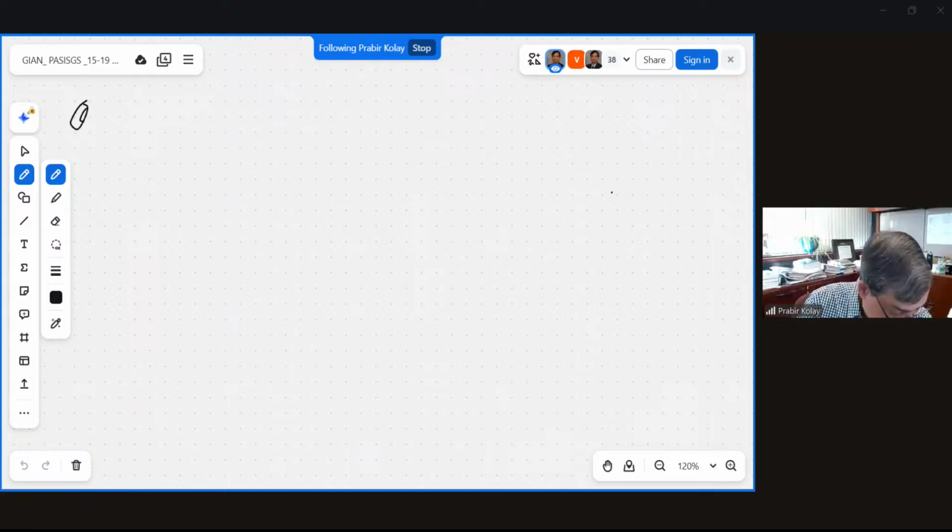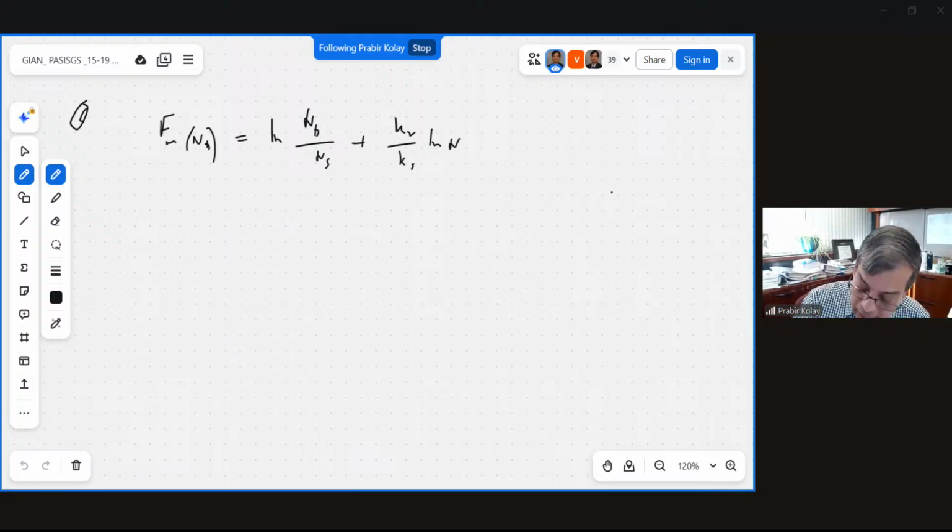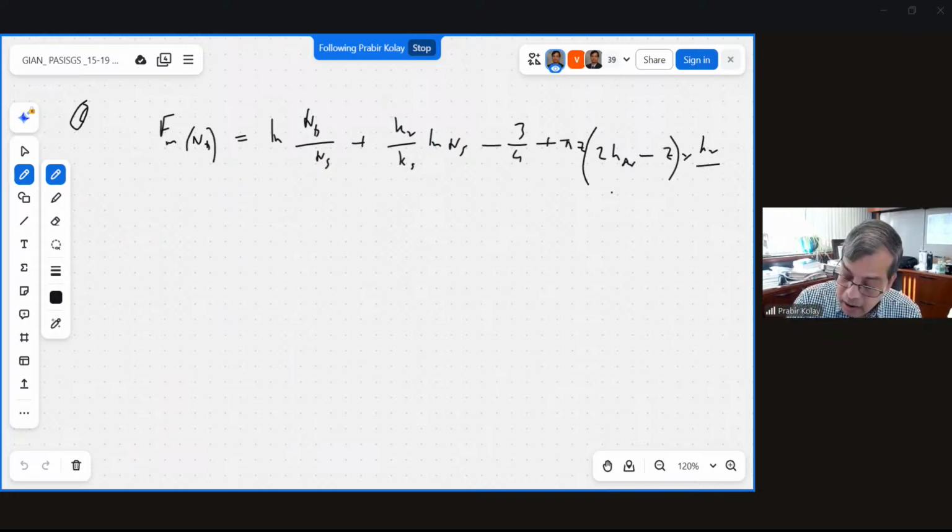So there, if there is a smear zone, there is an equation for that, considering the smear zone. ND is given by this long equation: ln of ND divided by NS, plus KR divided by KS times ln NS, minus 3 by 4, plus pi times V times 2 times HDR minus Z times KR divided by QC.